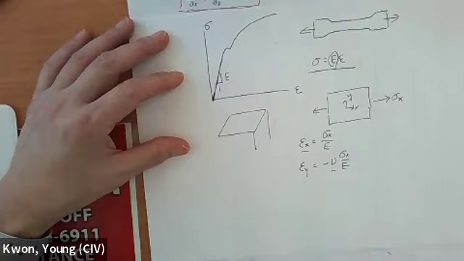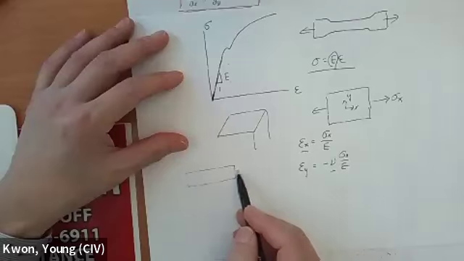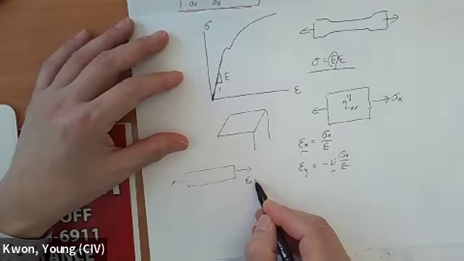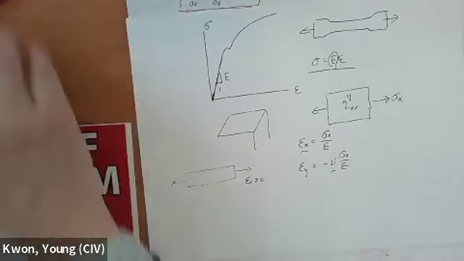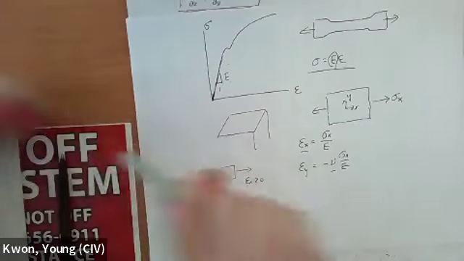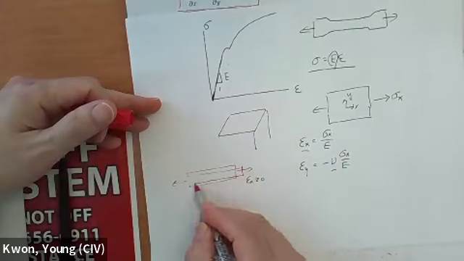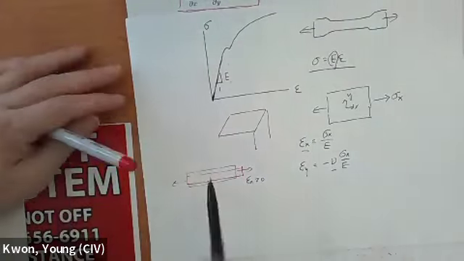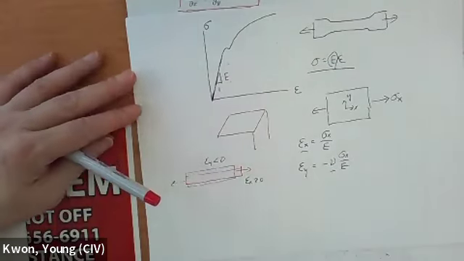Poisson's ratio is defined, very interesting, when you apply that, epsilon x is positive, but epsilon y, if you can visualize it, is going to be deformed like that, so epsilon y is negative.